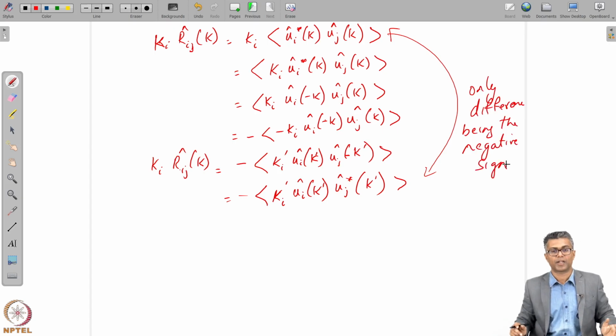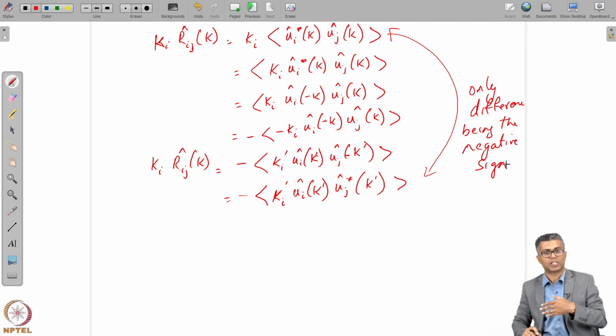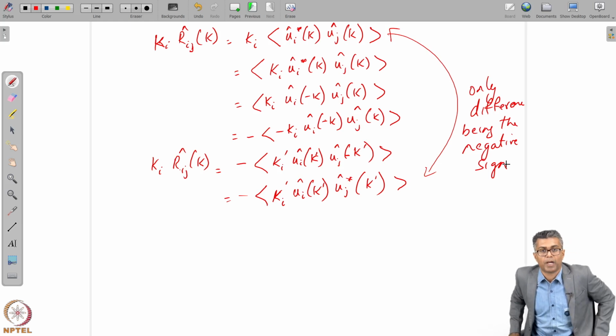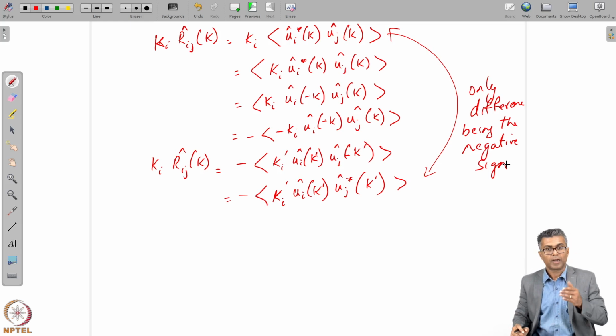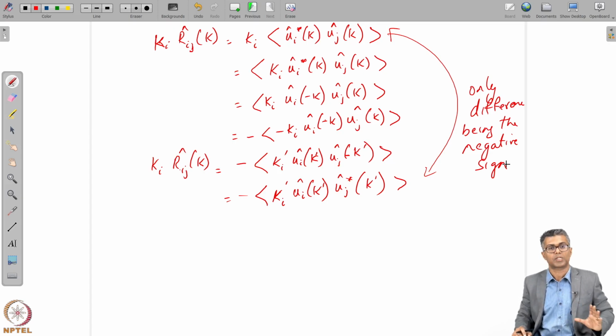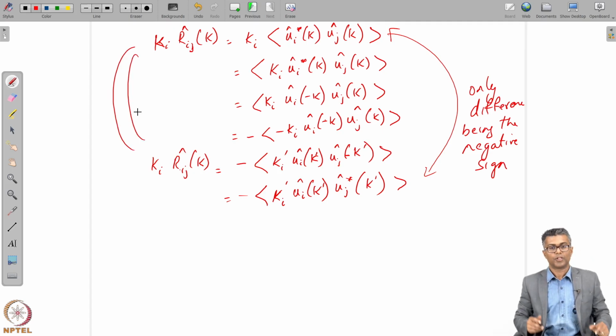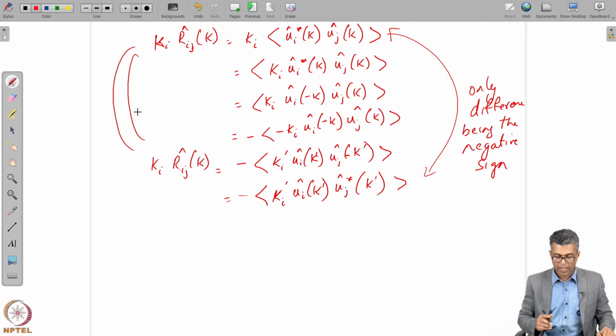That is not possible. Both of those are the same. I have obviously changed the variable, and I just did a direct shift of the variable. It just became kappa prime, isn't it? So kappa became kappa prime, but the only difference being the negative sign. The only way both of those can be true, because these two are the same, is if it is equal to 0.